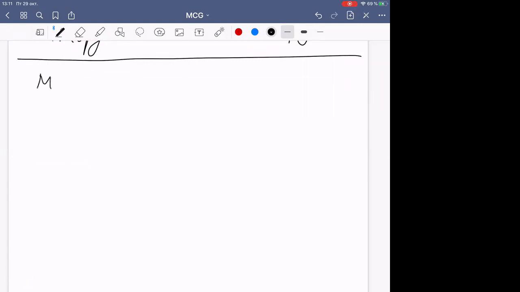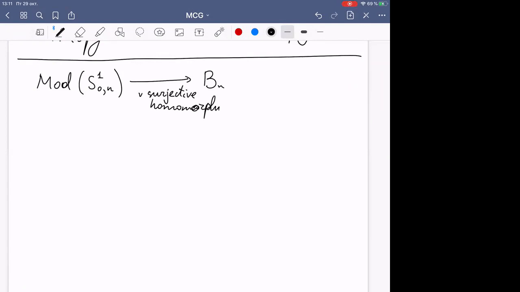Once more, we have constructed a homomorphism, and we have understood that it is a surjective homomorphism. Actually, why is it injective? It is very easy. In fact, we do not need anything deep here.